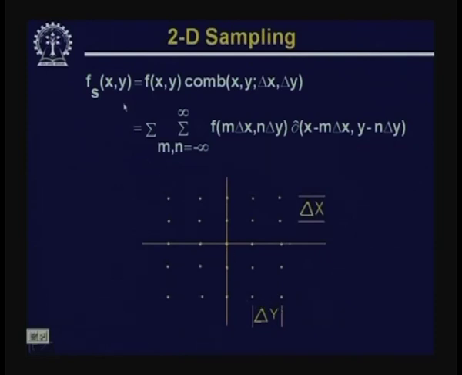So, again as before, this f s x y can be represented in the form f of m delta x, n delta y, multiplied by the delta function x minus m delta x, y minus n delta y, where both m and n vary from minus infinity to infinity.